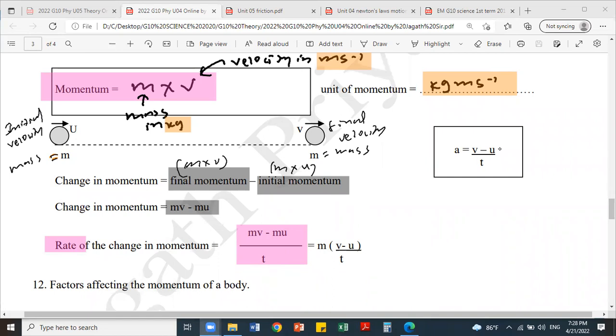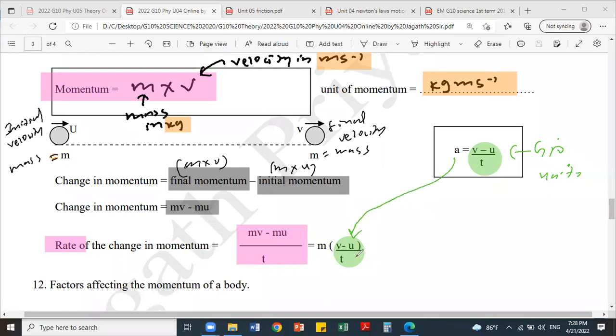This is not given in your textbook, but this is additional information. This v minus u over t is equal to what? Acceleration. We did this in grade 10 unit 2. Acceleration is equal to v minus u over t.